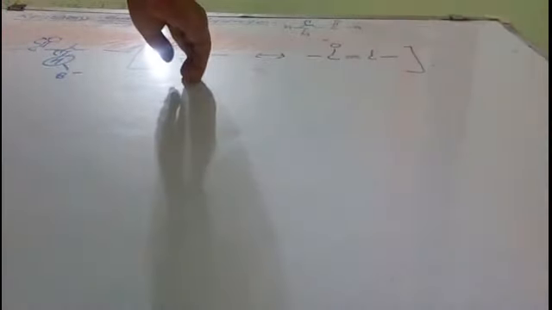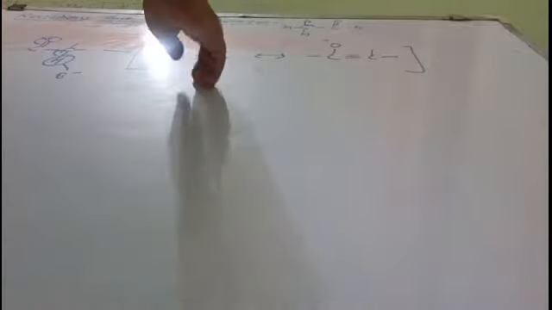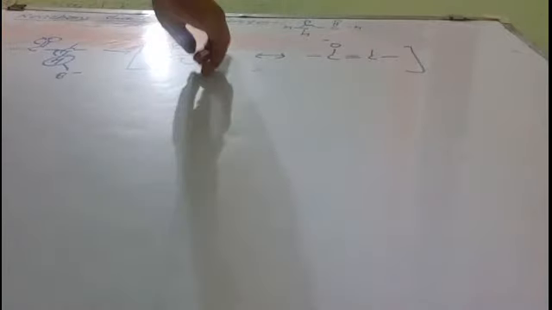If a base is there to accept the proton, it will take up the proton, and the electron will be donated to the carbon, right? So carbon will bear the negative charge because this C-H bond's electrons have been given to this carbon. Now this anion which is formed will resonance stabilize itself.